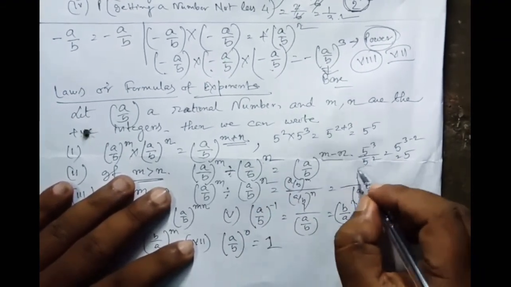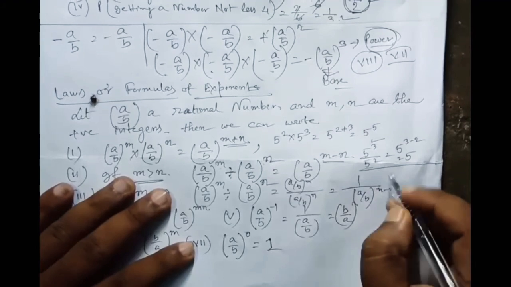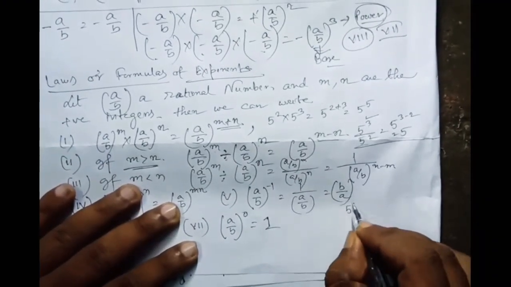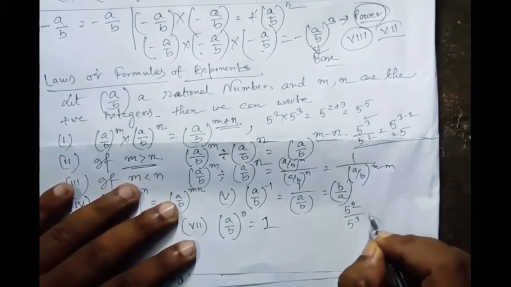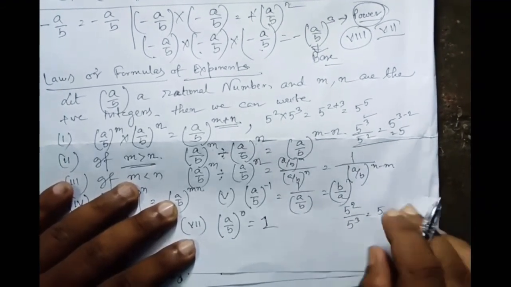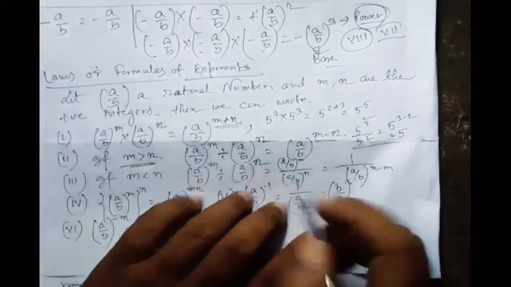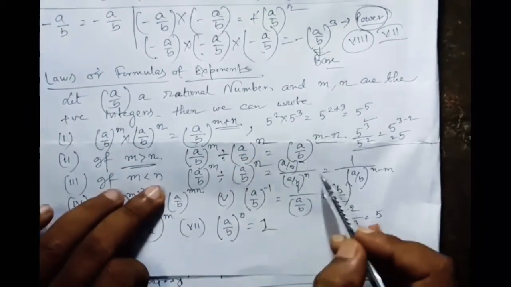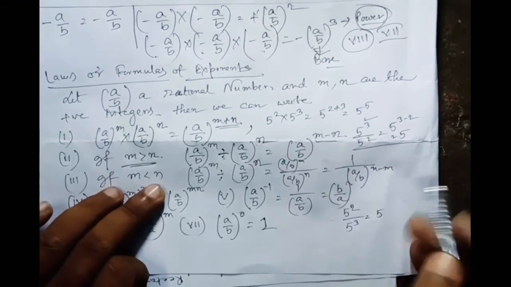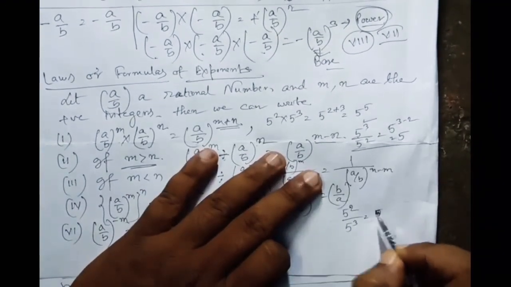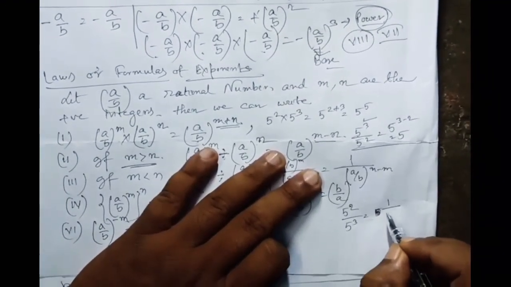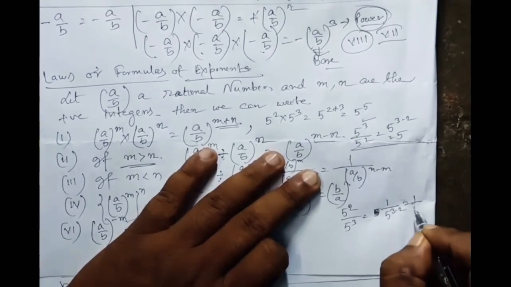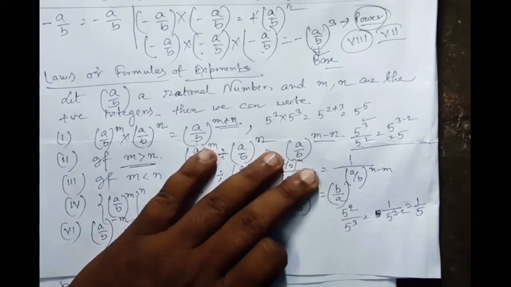Here m is greater than n. Now if m is less than n, 5 to the power 2 divided by 5 to the power 3, the answer should be 1 by 5 to the power 3 minus 2, that is 1 by 5. Understood?